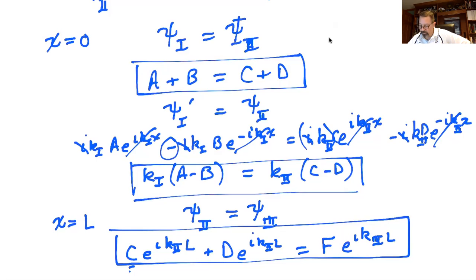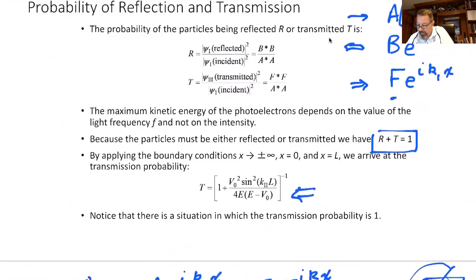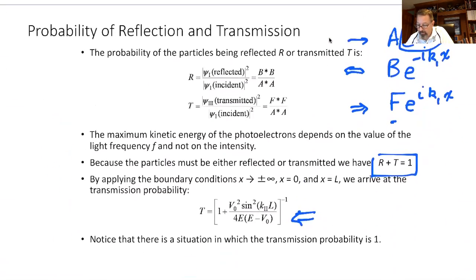I got three equations and five unknowns now, A, B, C, D, and F, the coefficients that matter, because they matter. Just take a break from doing great calculus: we need what is B, what is A, what is F, in order to find these reflection coefficients. At the very least, we need to know F, don't we?